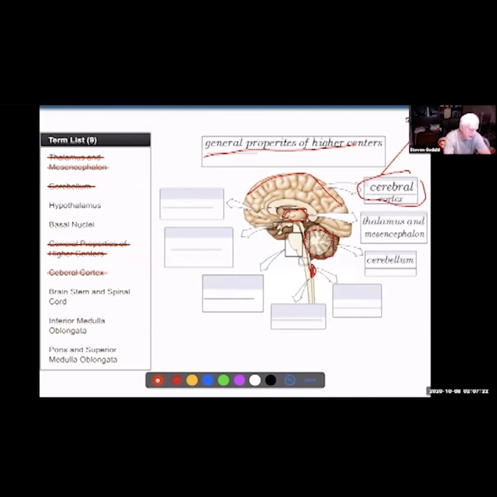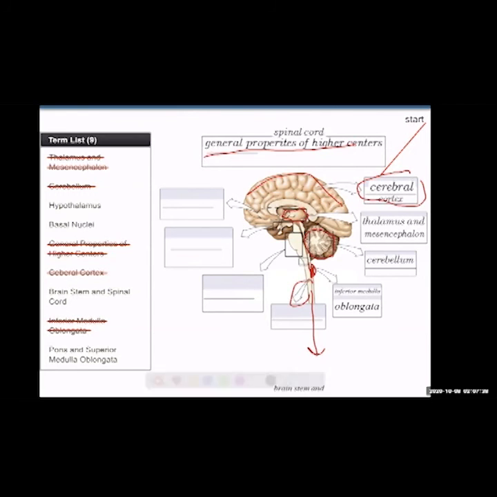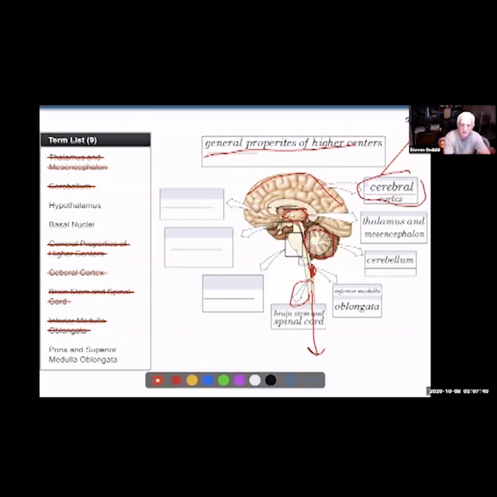And this is probably the inferior medulla oblongata. That's the bottom part of it, right? Yeah, inferior medulla oblongata. And this would be your what? It runs all the way down. Spinal cord, brainstem. Yeah, brainstem and spinal cord. Perfect. And this area here, this is a swelling that sits directly opposite the cerebellum, which is called the what?